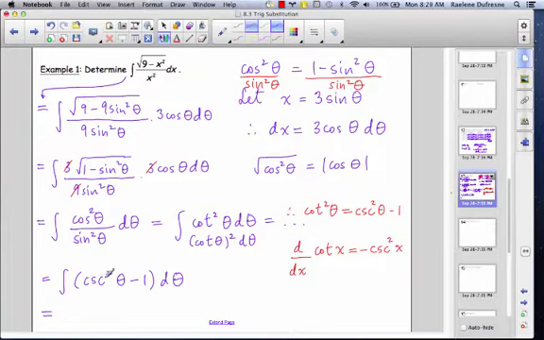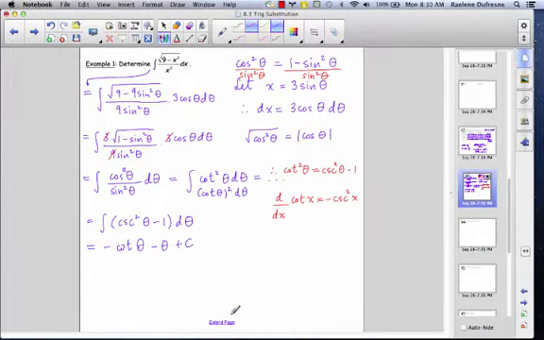The antiderivative of cosecant squared theta is negative cotangent of theta, and the antiderivative of minus 1 with respect to theta is minus theta, plus a constant. So we back substitute, and if x is equal to 3 sine theta, we know that sine theta is equal to x over 3.